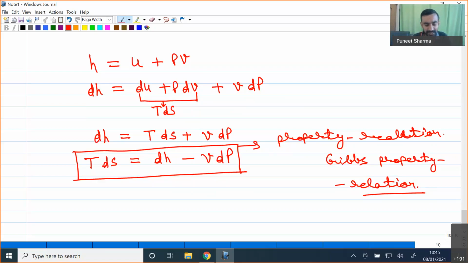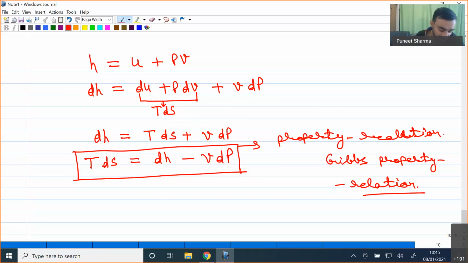So fundamentally, this equation is derived on the basis of the idea of a flowing stream. And a flowing stream mainly comes into the picture when we have open systems, because in an open system we allow the entry and exit of mass streams across the boundary of the control volume.